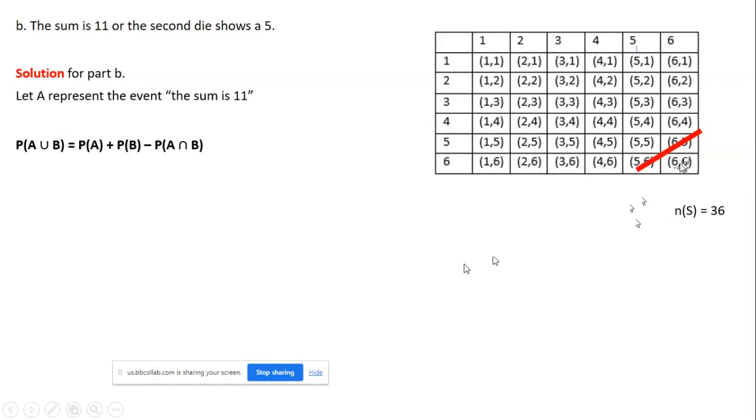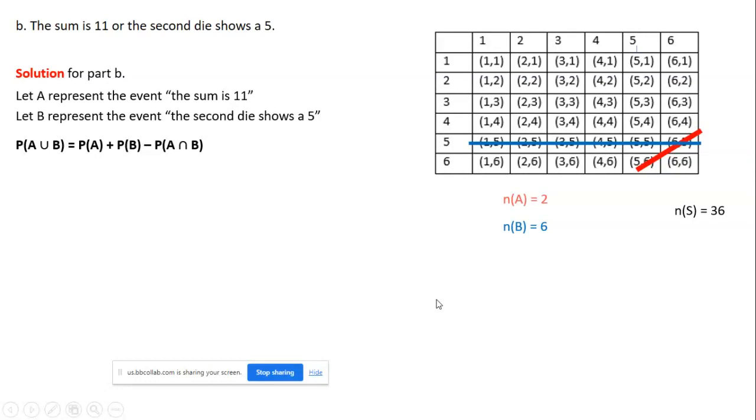That's the only way that I can get 11, which is 2. Let's represent B as the second die being 5. We know that this answer is going to be 6 because it's this whole row where our second value is always 5. So again, our event is 6 for the B.